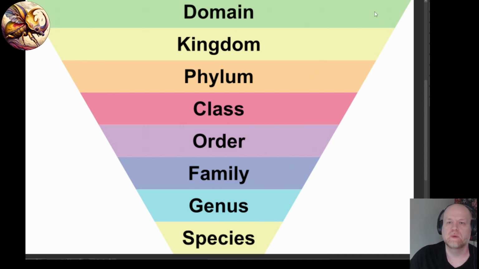So each of these groups, starting up here and moving down, the domain is the broadest group of organisms, and then we get more specific. And then down here is an individual species. For something to be in kingdom Animalia or whatever, it has to have all of the characteristics of the thing above it.